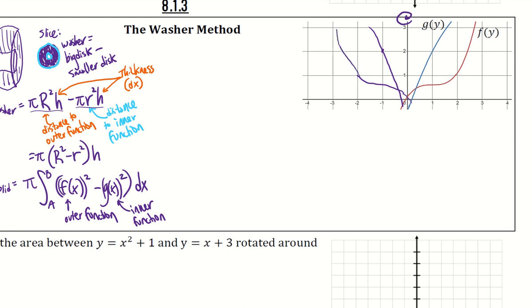Looks like this maybe. Yeah, that's close enough. So the outside is going to look like, oh, actually I need A and B values first. Let's say my B is here and my A is here. So I'm taking the area between f of y and g of y, taking that area, and I'm rotating it around.